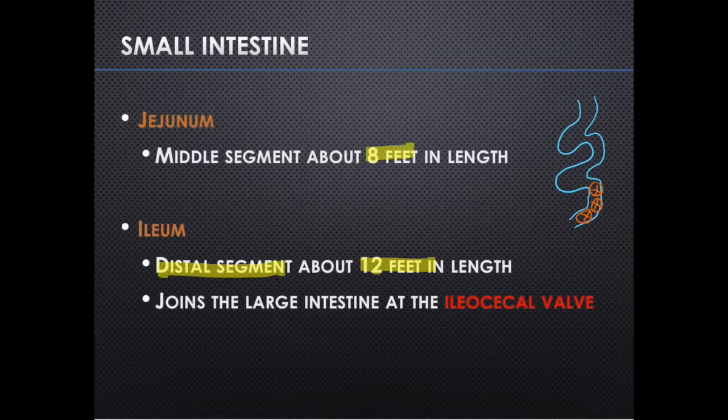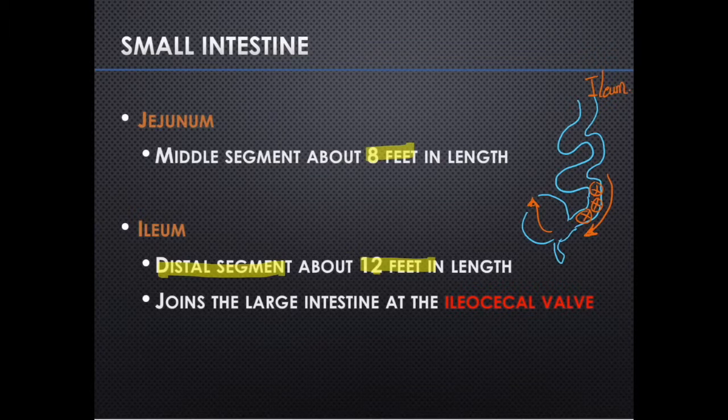What you're going to do with this remaining part of the food is it will be conducted to the large intestine to form the feces that will be released to the outside. So you see on here, the part of the small intestine that will conduct the unabsorbed, undigested part of the food to your large intestine is the most distal part, which is my ileum.